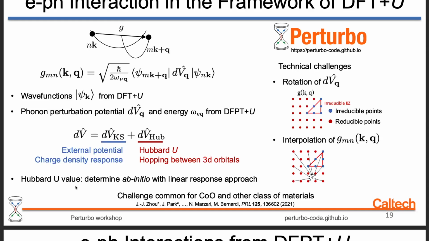And the Hubbard U value can be determined ab initio with a linear response approach or some other approaches as well. But using this method allows us to correct this self-interaction error and get a reasonable coupling for these materials in Hubbard corrected density functional perturbation theory.